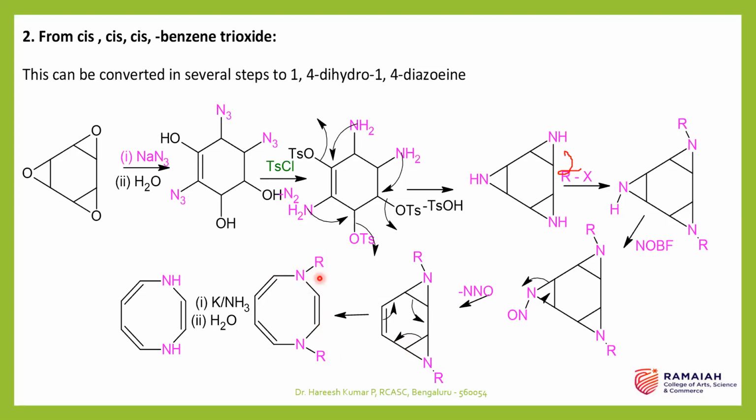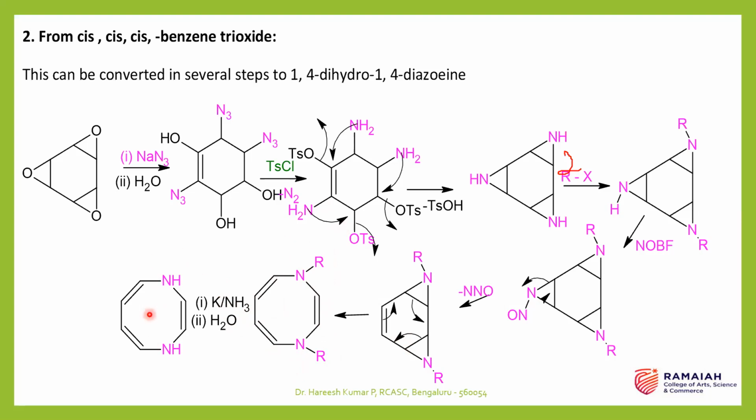This N-dealkylation can be achieved by treating with potassium in ammonia. Okay, this is a Birch reduction kind of reaction. Here the potassium supplies electrons and this will go out.